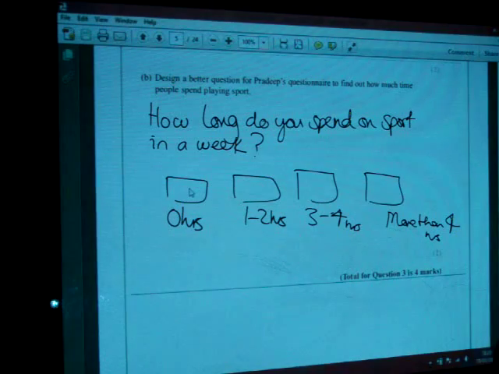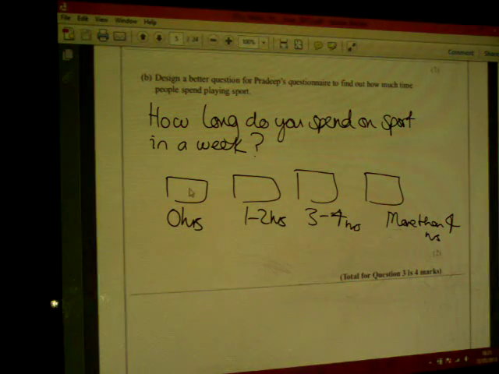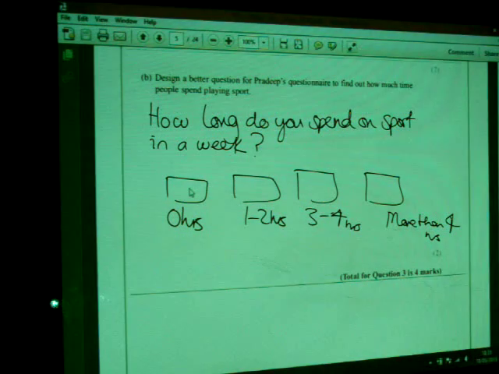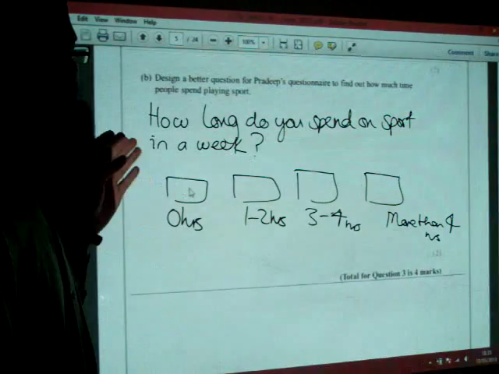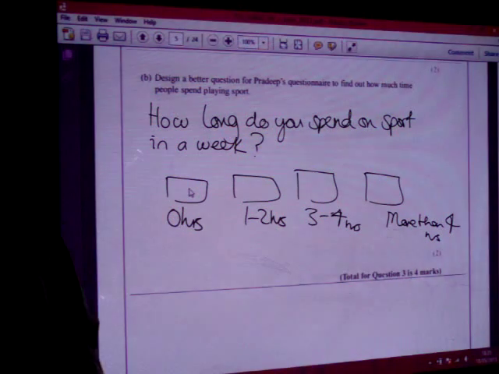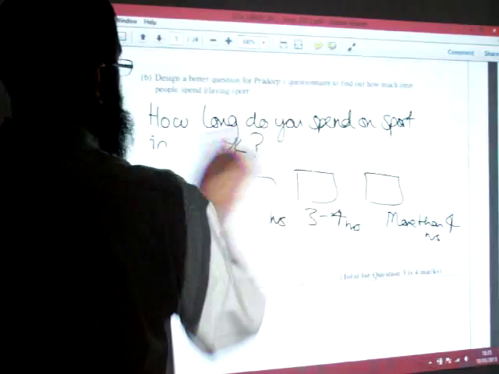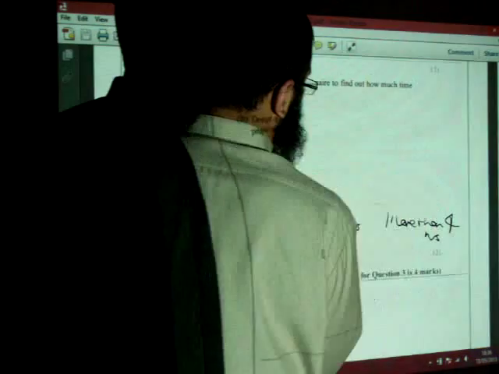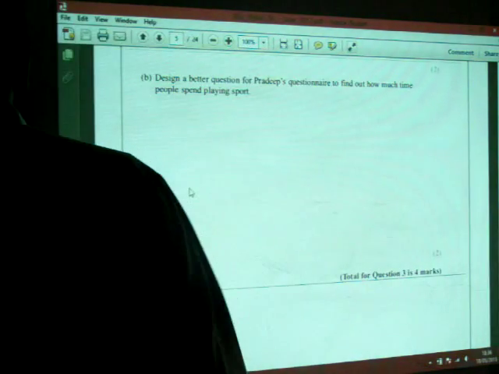Got that down? Okay, how long do you spend on sport in a week? So we've got the time frame, we've got the hours, there's no overlapping now, is there? You happy with that? Alright, let's move on.